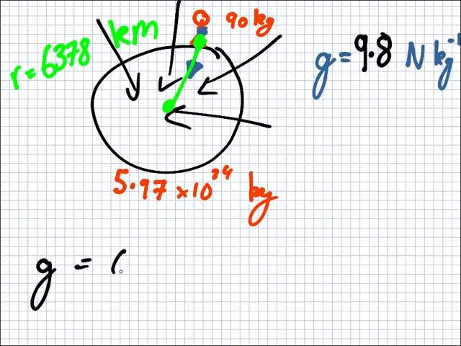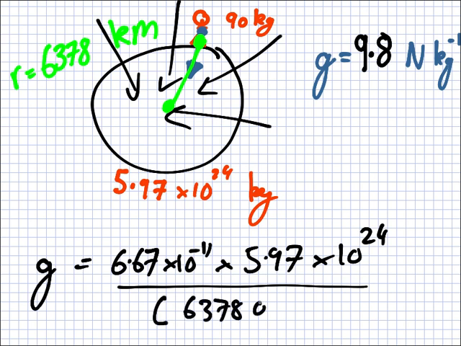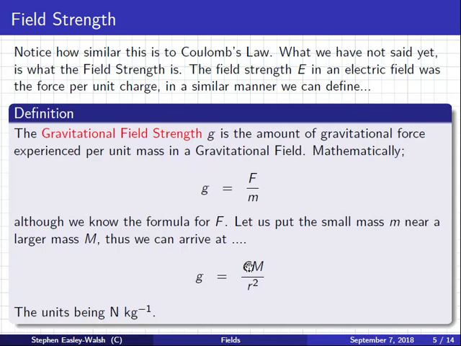G equals 6.67 times 10 to the minus 11, that's the G, times the M, over the R squared.